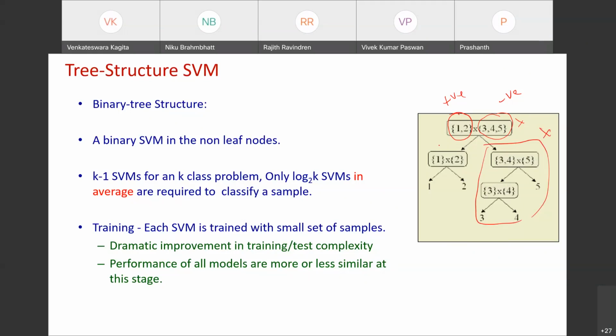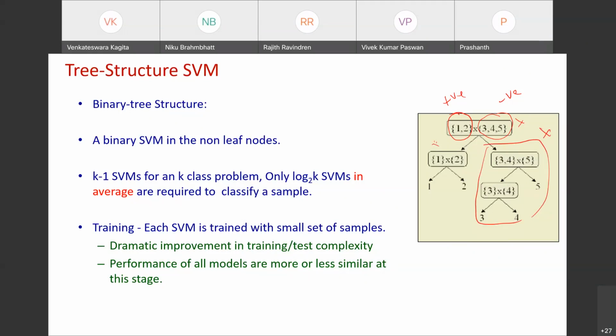So you're coming here and checking 1 versus 2. It will classify it as either 1 or 2. Okay, so it organizes the classifiers in a binary tree structured manner. At every node, we are checking one condition, that is, to which subset of the classes this instance belongs.